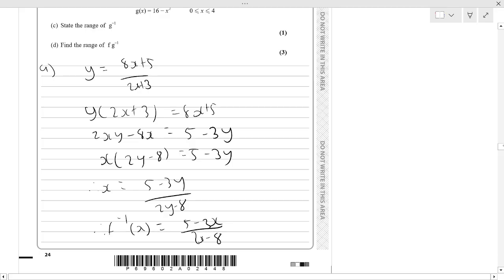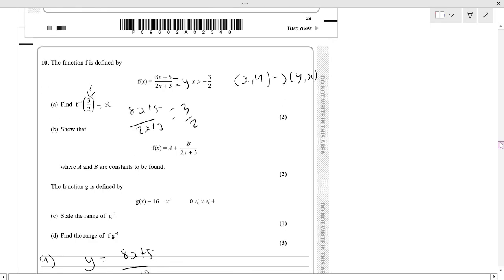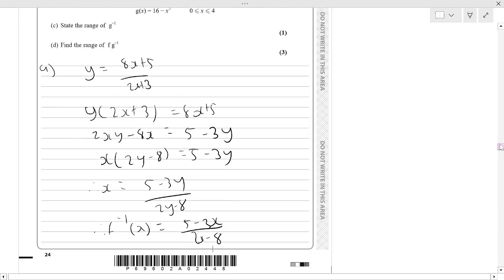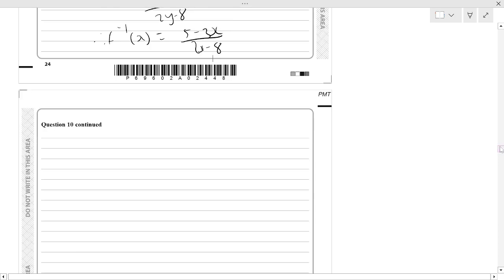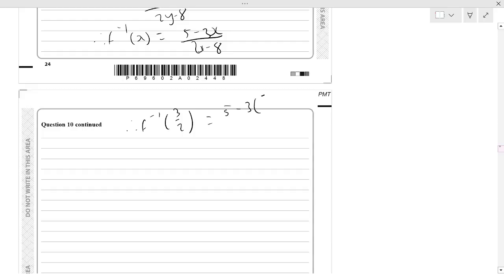So then you just plug in f inverse of 3 over 2. It's going to be (5 minus 3 times 3 over 2) over (2 times 3 over 2 minus 8). Plug that into the calculator, and you get minus a tenth, apparently.